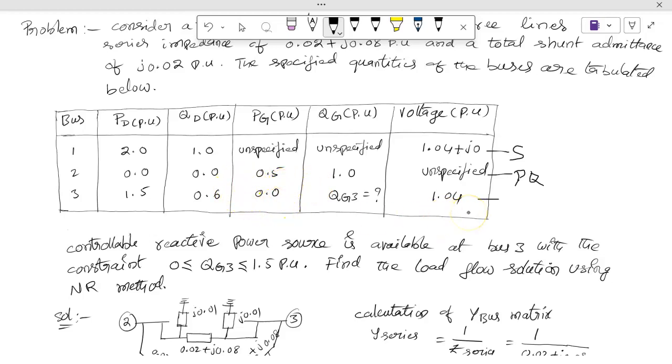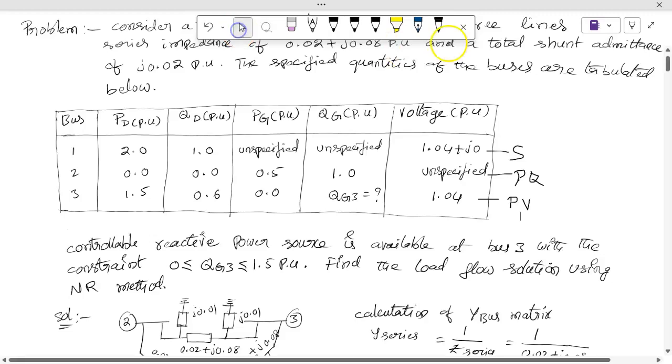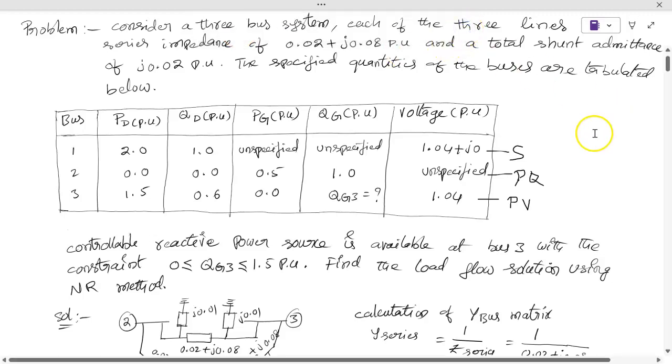PV they have given. Q and del we need to find. PV given means this is the PV bus. So like this, just by seeing the data, we need to first identify which type each bus is.